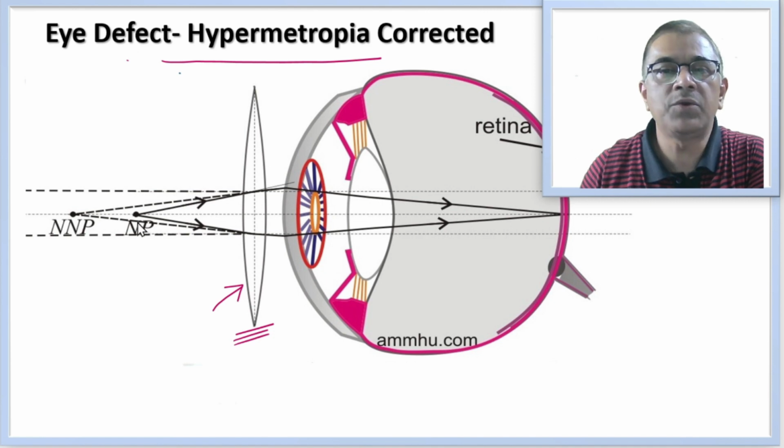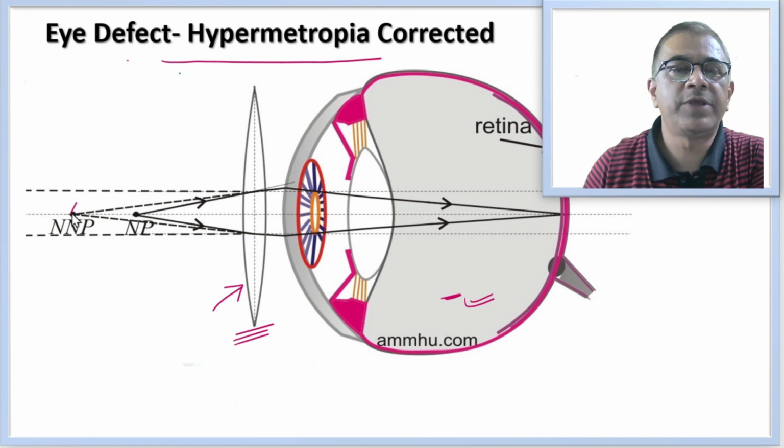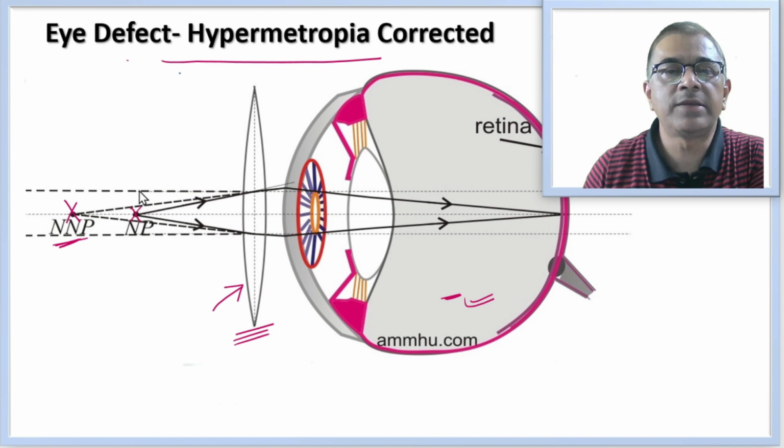We already know that this eye can see all the objects that lie at the near point and beyond, but this eye cannot see objects lying closer than the near point. So the role of this convex lens is to make the image of this object at the near point.